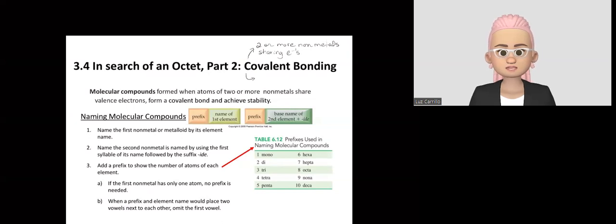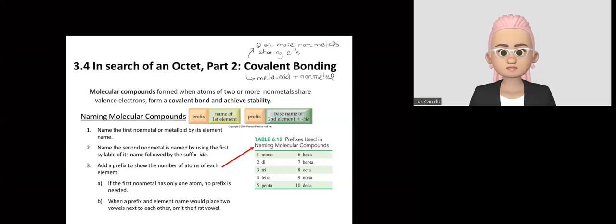In this course, if you see a metalloid combining with a nonmetal, then understand that that is also going to be a type of covalent compound. As you can see here by definition, molecular compounds are formed when two or more nonmetals share valence electrons, and that's how a covalent bond is achieved in order to produce stability.